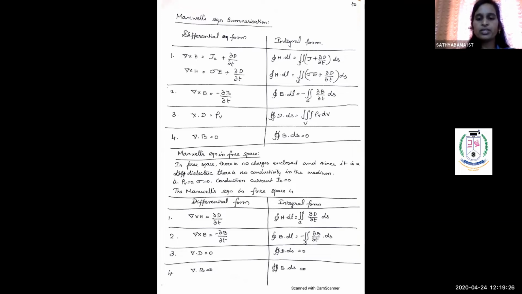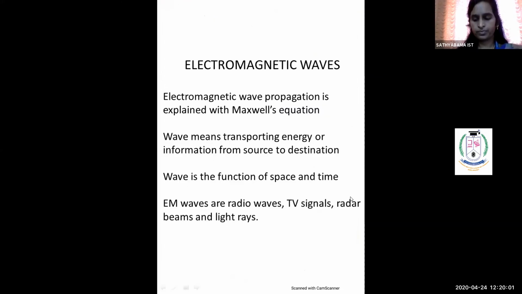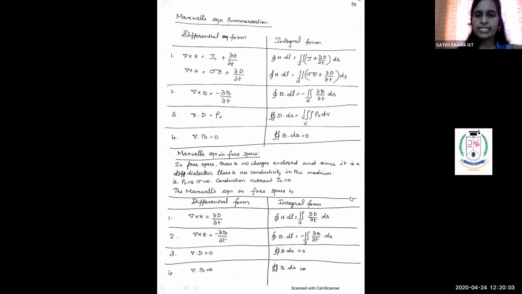And when you see your integral form, what you are having is line integral H dot dl is equal to surface integral sigma E plus dou D by dou t into ds. We know that sigma is equal to 0.